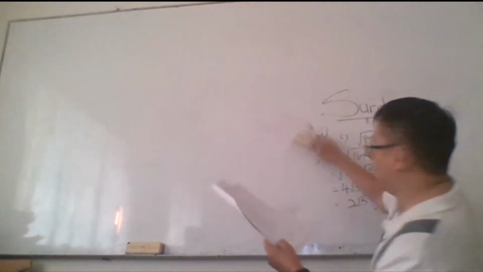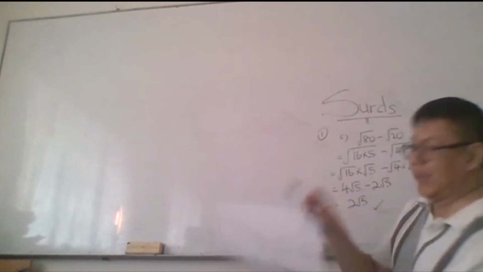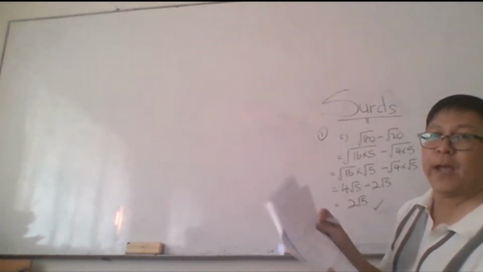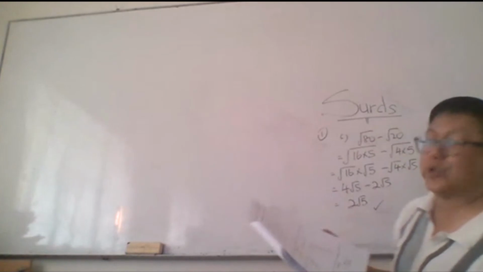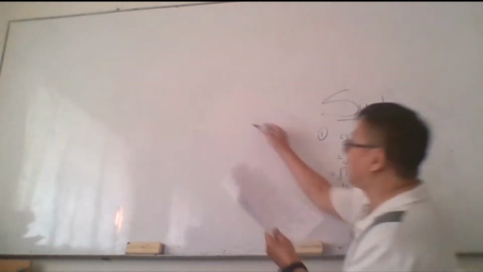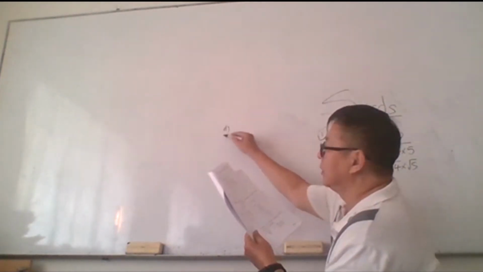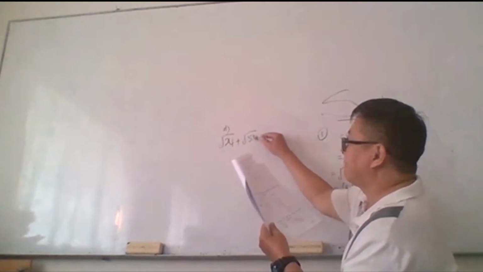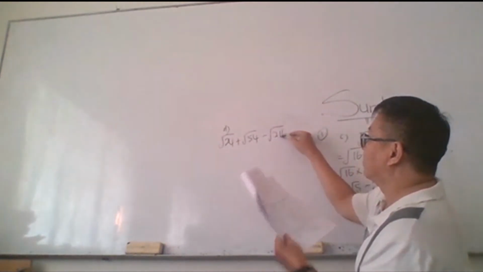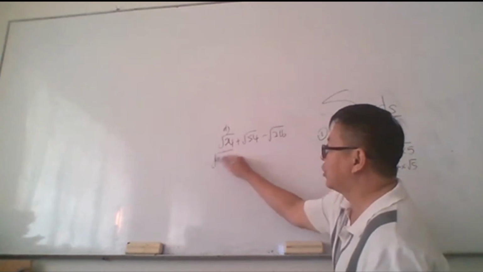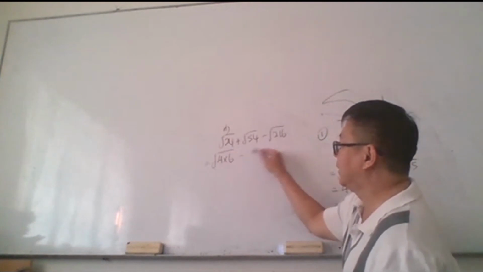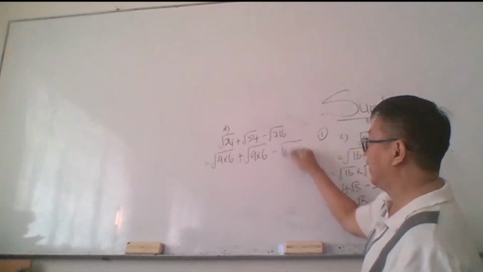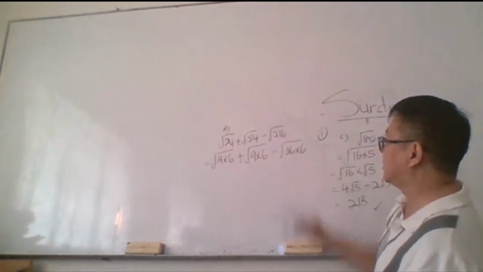And I show you the other one. Please do not copy, because this morning I prepared the paper and put the solution inside the paper so that we can finish this fast. This one I will use 4 times 6, and then 9 times 6, and then 36 times 6.